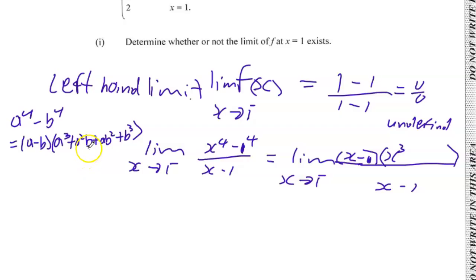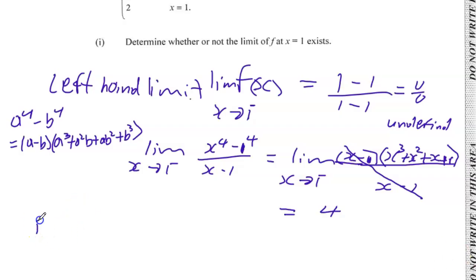So a squared b would be just x squared. ab squared, where a represents the x, will be just x. And b cubed will be 1. Alright, so factor x minus 1 that. And if we substitute 1, we'll get 1 plus 1 plus 1 plus 1, so 4. So the left hand limit is 4.